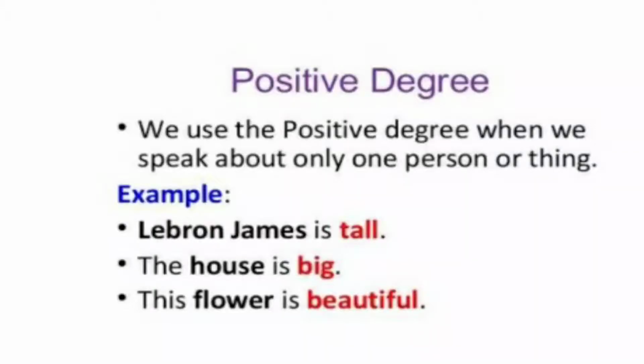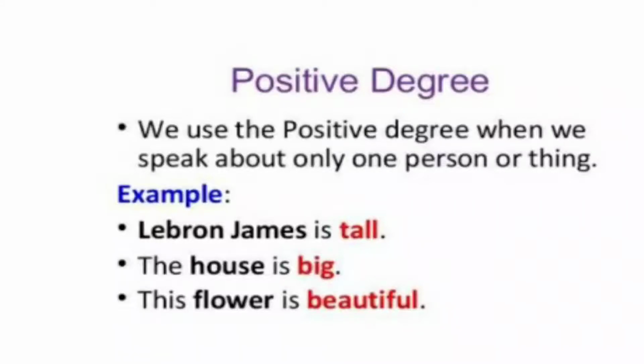Dear children, we use positive degree when there is no comparison, when we are speaking of only one person or one thing. जब हम किसी एक के बारे में ही बात कर रहे हैं, हम उसका comparison किसी के साथ नहीं कर रहे हैं, then that is a positive degree. जैसे कि for example here, LeBron James is tall, the house is big, this flower is beautiful. So in the first sentence we are talking about James, that he is tall.